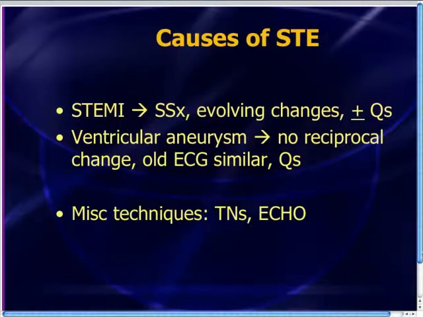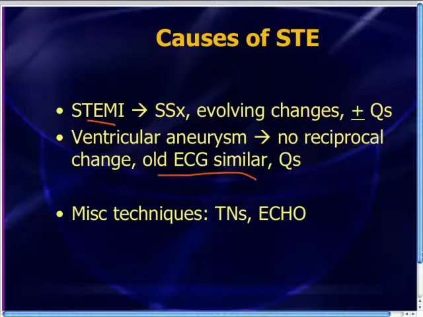If you see evolving changes, go with STEMI. If you don't see Q waves, go with STEMI. If you see reciprocal changes, go with STEMI. And if you get an old EKG which looks different, go with STEMI. If the old EKG does not look any different, then it's probably the aneurysm.